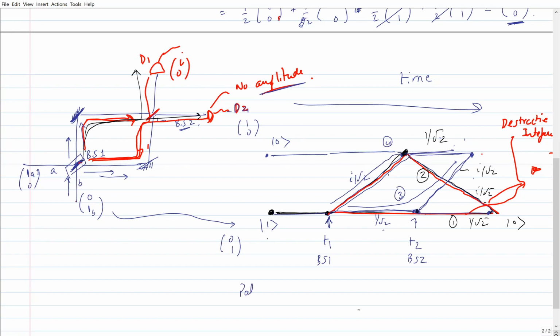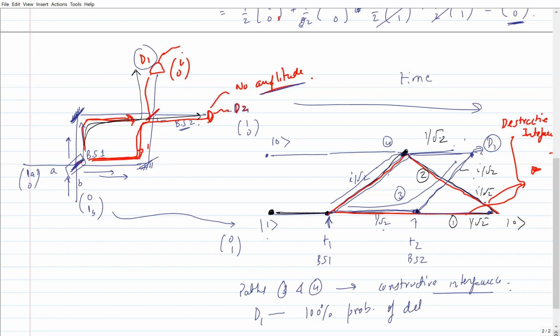So paths 3 and 4 have constructive interference. And hence I get probability of 1 on the detector D1. Eventually this goes to detector D1, 100% probability of detection.